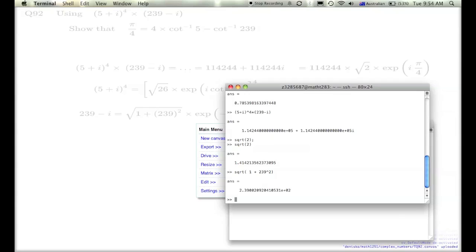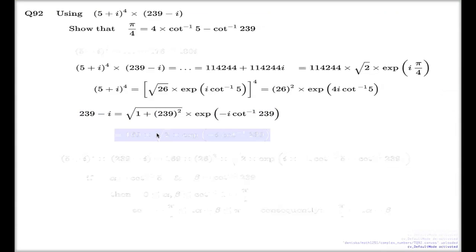Yesterday, when I computed the same thing with the other computer algebra system, because Matlab is more focused on numerical computations, whereas Maple is more focused on symbolic computations, the result was looking a bit better. It was root 2 there, rather than the horrible expression Matlab spat out for me. But it's irrelevant, in fact, because all we need from this expression is the argument.